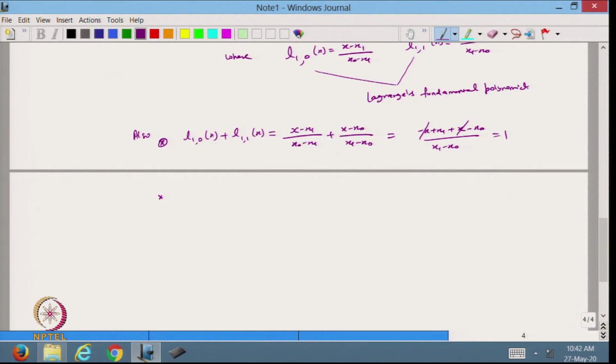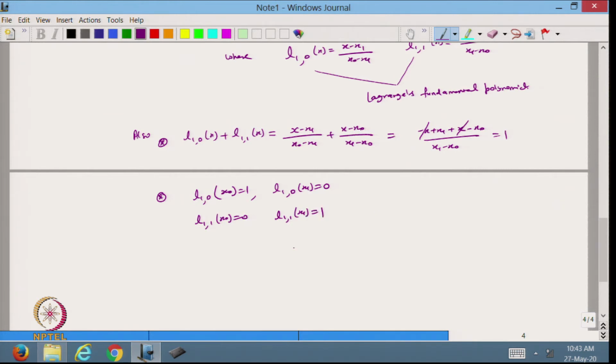The second property is that L1,0 is the fundamental polynomial, linear and defined at 0. So, if I put x0, its value should be 1, and if I put L1,0 at x1, its value should be 0. Similarly, L1,1 at x0 should be 0, and L1,1 at x1 should be 1.